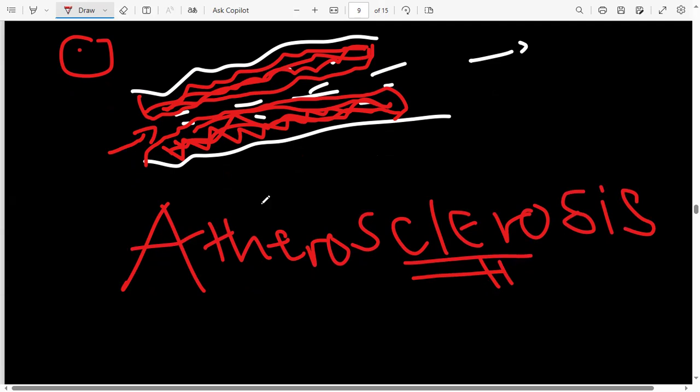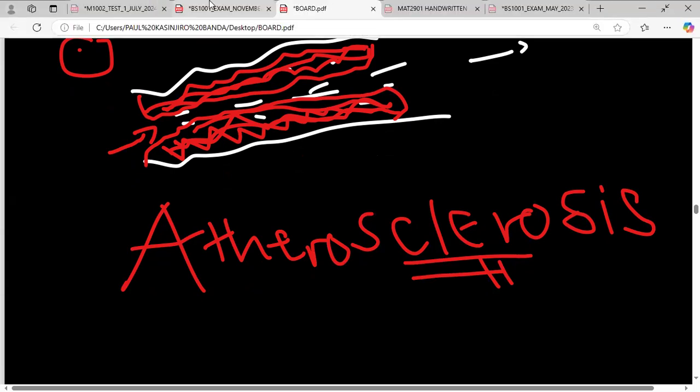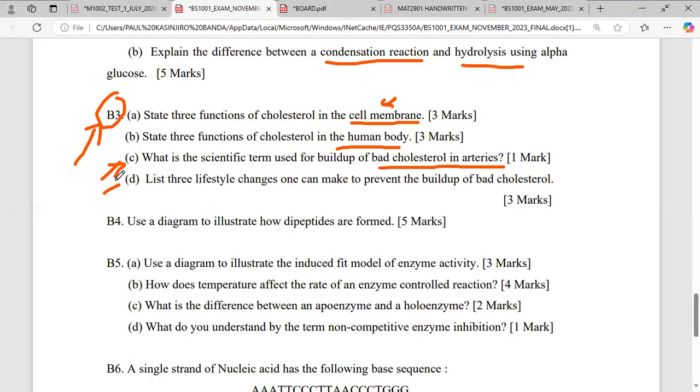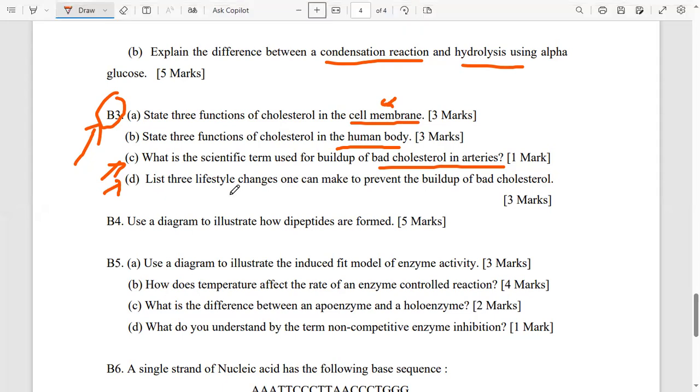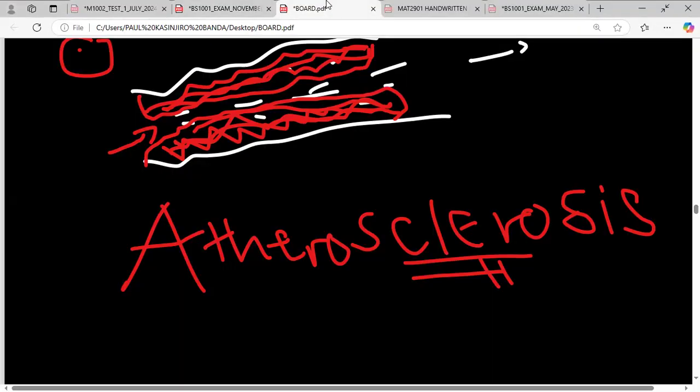Then let's look at the last question, D. They're saying list three lifestyle changes one can make to prevent the buildup of bad cholesterol. If you have a lot of fat deposit in your body, what lifestyle changes can you make so that it reduces? That's what the question is asking.